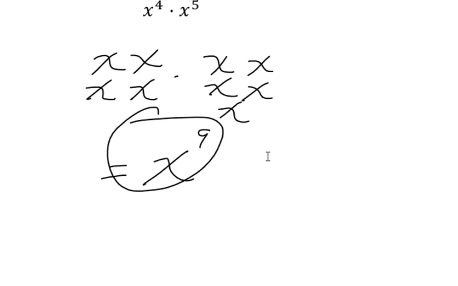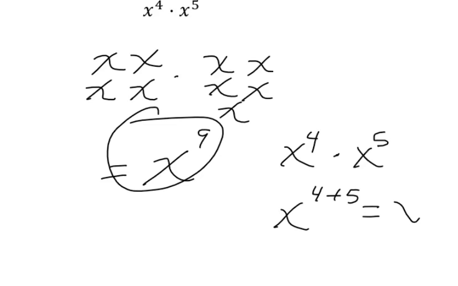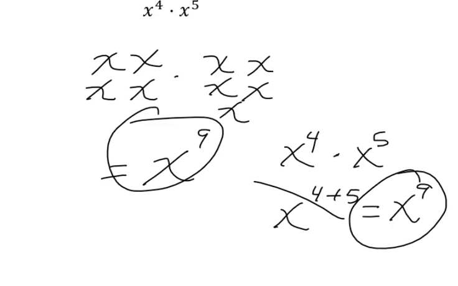So really, all that I've done is, in short, because obviously I don't want you to be writing all these x's all the time, I've taken the x to the power of 4 that was being multiplied times x to the power of 5 and simply added the exponents. So 4 plus 5, which gave me x to the power of 9. That's really all you're doing, and you can see you get the same answer. All right, let's take a look at another one here.